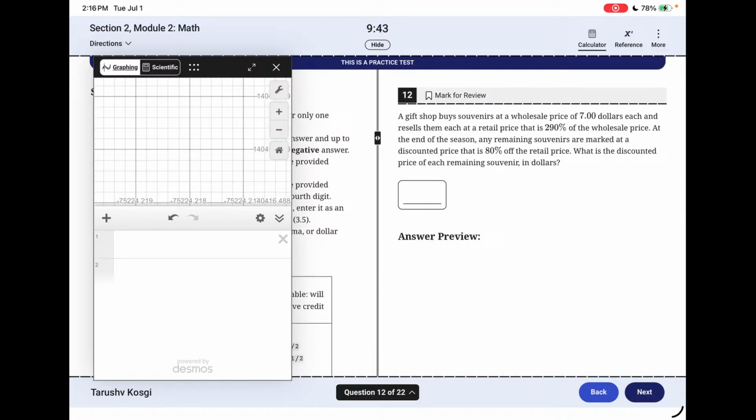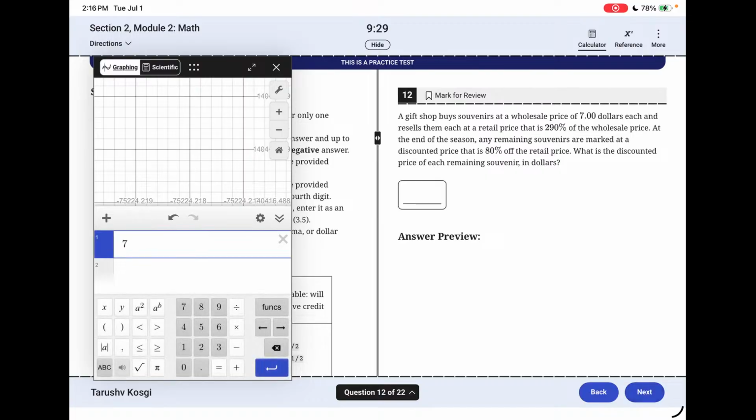A gift shop buys souvenirs at a wholesale price of $7 each and resells them each at a retail price that is 290% of the wholesale price. At the end of the season, any remaining souvenirs are marked down. Okay, so $7 times 2.90 equals 20.3. Then that times 0.8 times 0.2.